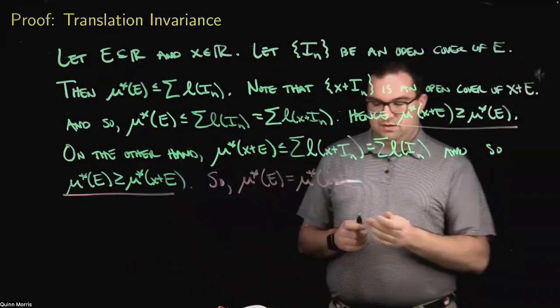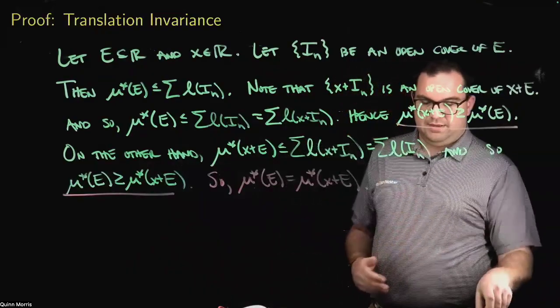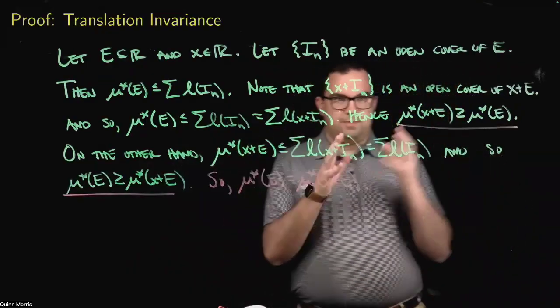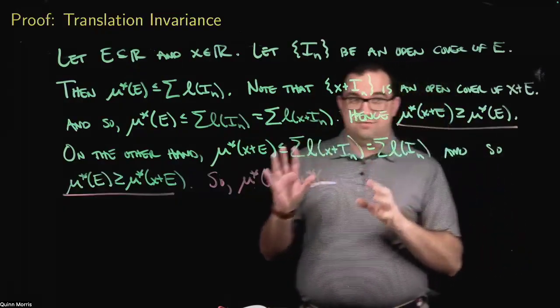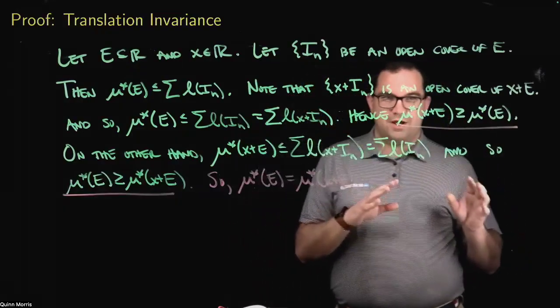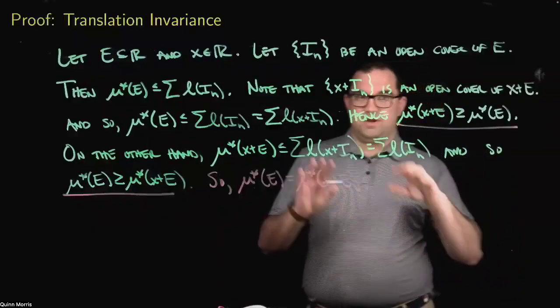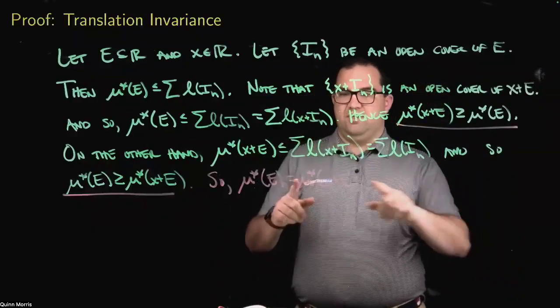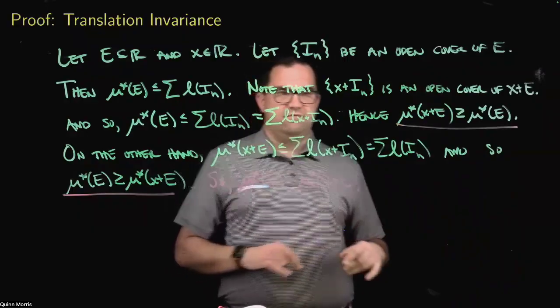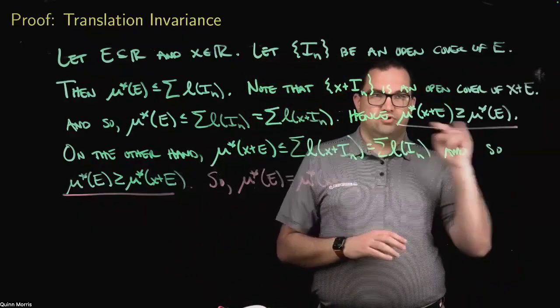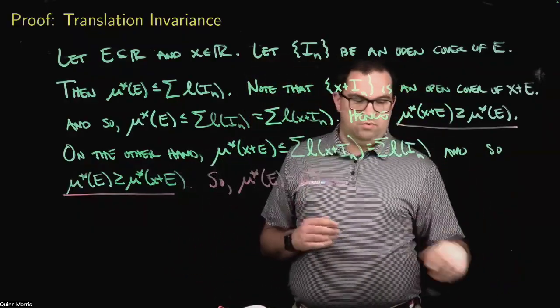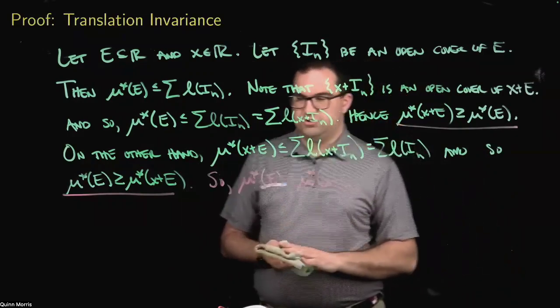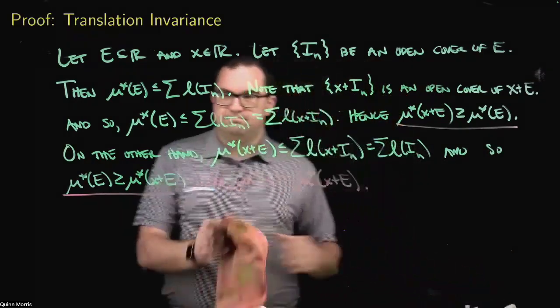So again, intuitively, the real thing that's happening here is that there's a one-to-one correspondence between open covers of E and open covers of x plus E, and the lengths involved of all those intervals are translation invariant. So we actually get the same outer measure for these sets. All right, very good.